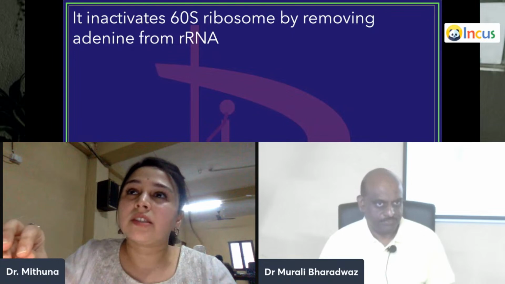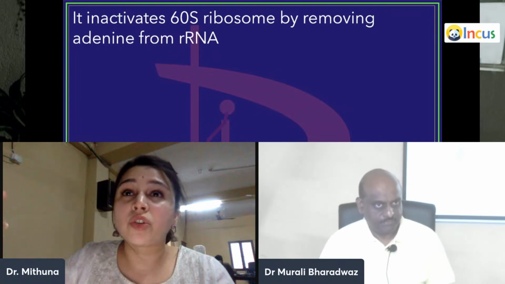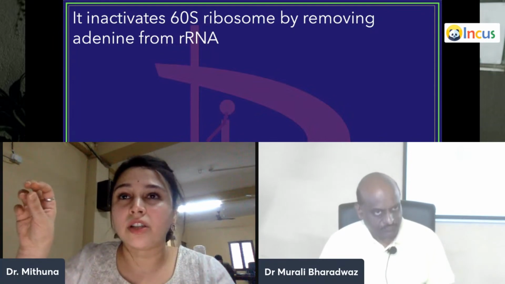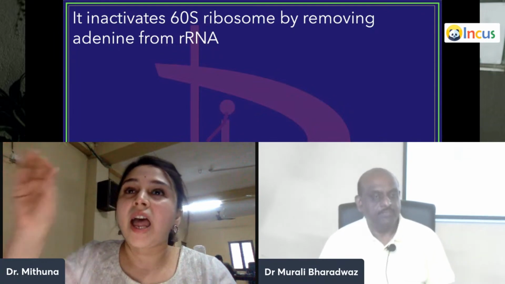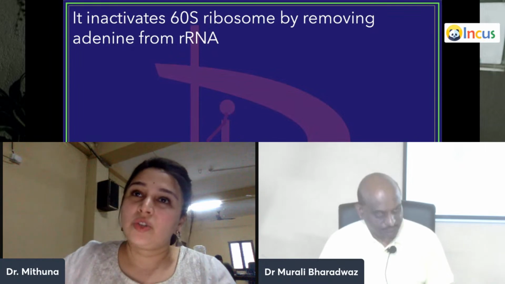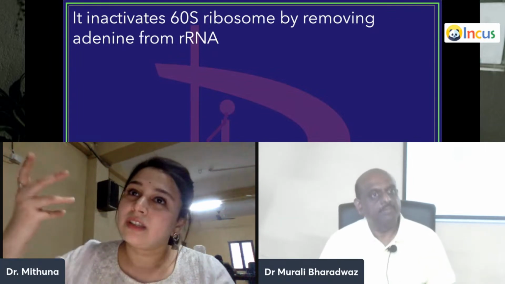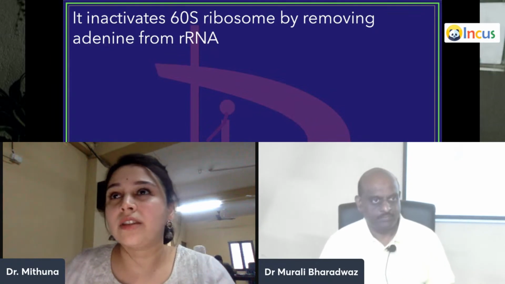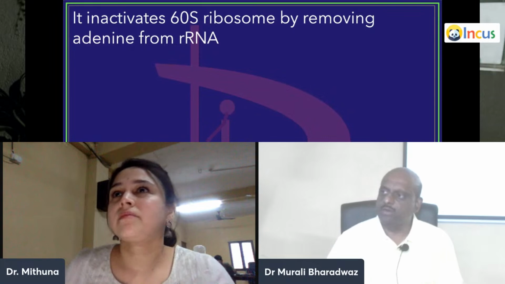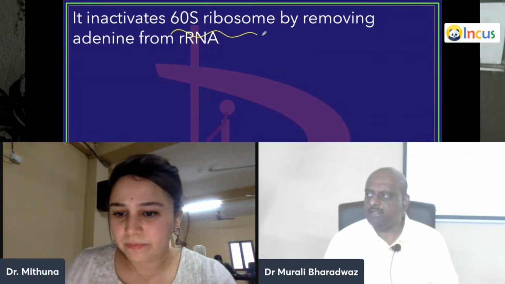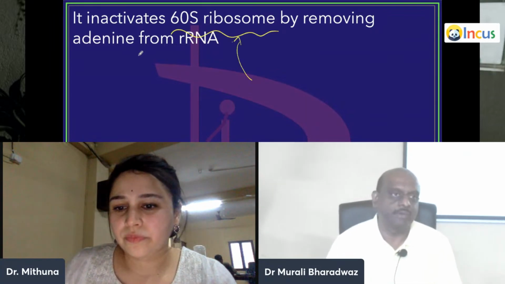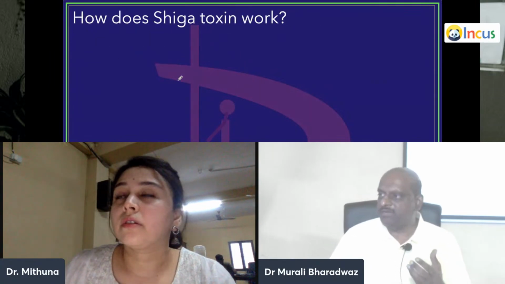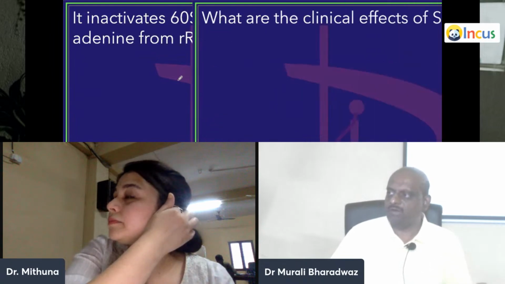But with the toxin, it attaches a ribosyl group to that G protein coupled receptor and keeps it open permanently, so more cyclic AMP leads to watery diarrhea. It's the mechanism in most organisms causing diarrhea. Very good. So fundamentally, it is the 60S ribosome that is inactivated whenever the Shiga toxin is working.